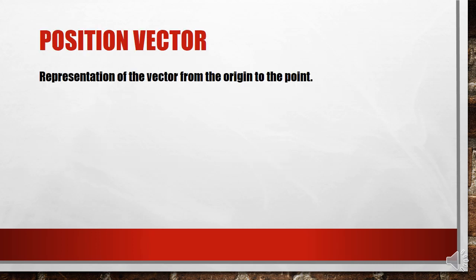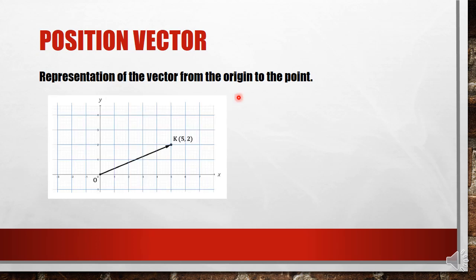Okay, position vector. In Indonesian, vektor posisi. It is the representation of the vector from the origin to the point. Like this one, for example: the starting point is the origin and the ending point is a point K, and its coordinates are (5, 2).